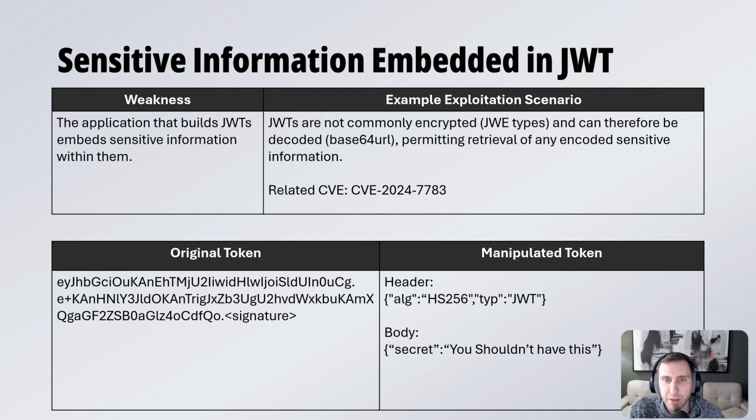Sensitive information embedded in JSON Web Tokens. This is another one similar to expirations, or missing time-based checks, that doesn't necessarily let you immediately exploit something, but certainly changes the nature of the risk around how those JSON Web Tokens are handled by the application.